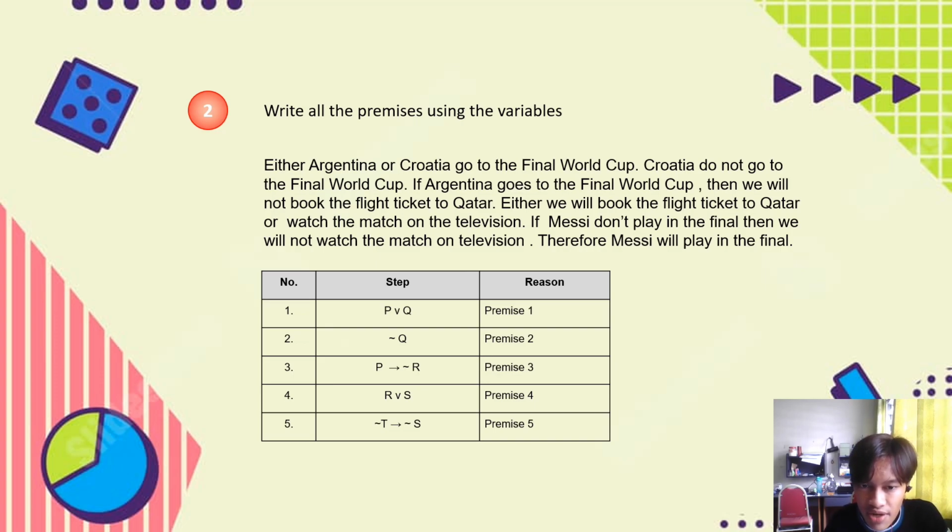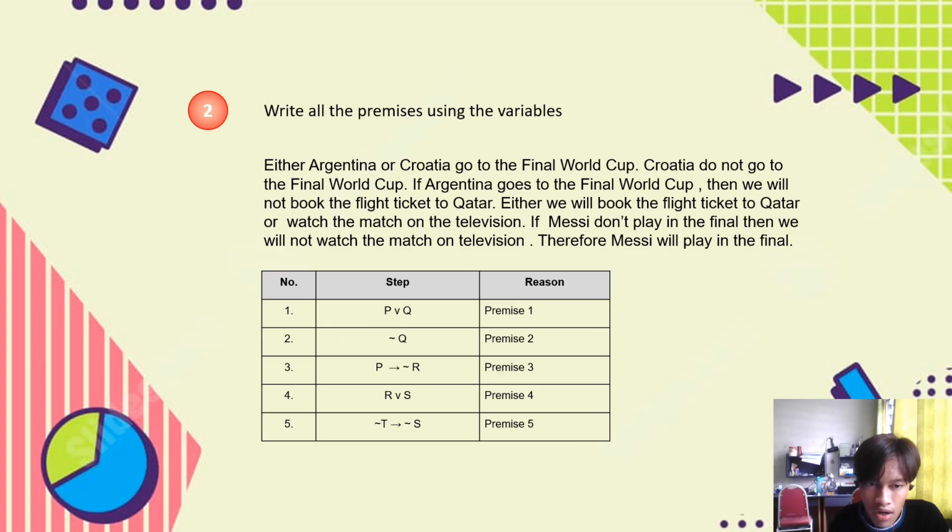Messi doesn't play in the final is negation T, so we must put a negation symbol in front, and then there is if-then, so we must put an arrow symbol to show that it is an implication. It also says that we will not watch the match on television, which is a negation of S. So we must put negation T implies negation S as premise 5.